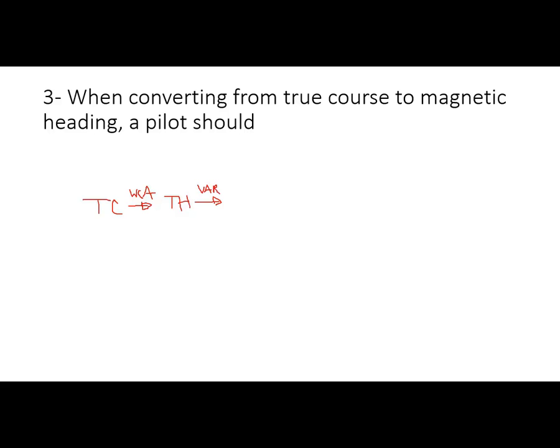East is least, west is best: subtract your easterly variation, add in your westerly variation, and that'll give you a magnetic heading. So to correct from true course to magnetic heading, you're going to correct for wind correction angle and variation.